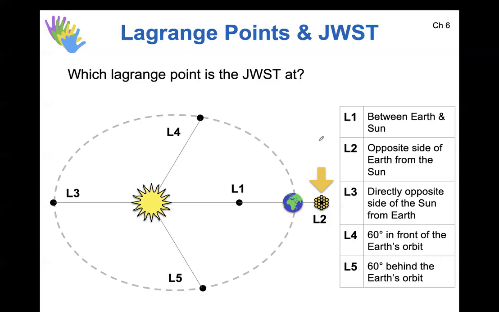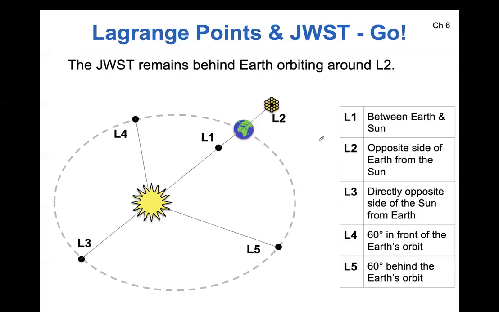So way past the moon is this location where if you place something there, it just sits there, balanced by the gravitational pull of Earth and the Sun combined. And then it just faces out towards space. It's far away, so we have to communicate with it carefully. It's no easy task.